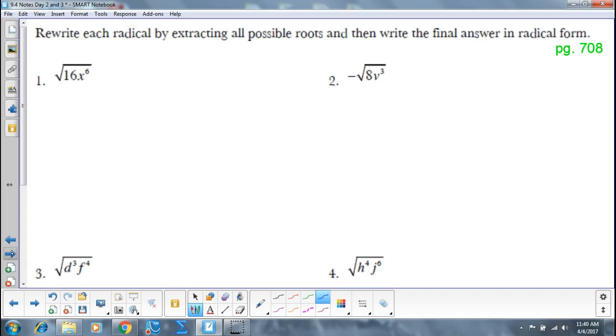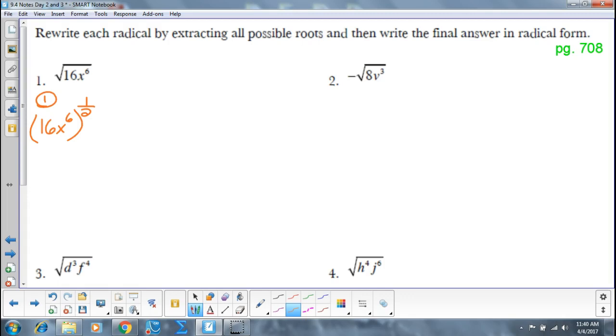If I was doing this the first way, I would say the square root of 16x to the 6th would be 16x to the 6th to the 1/2 power. The square root comes with an exponent of 1/2. By the way, if you haven't figured out that you should memorize that the square root is an exponent of 1/2, you should just memorize that. The cube root is an exponent of 1/3, fourth root exponent of 1/4, etc. Memorize that.